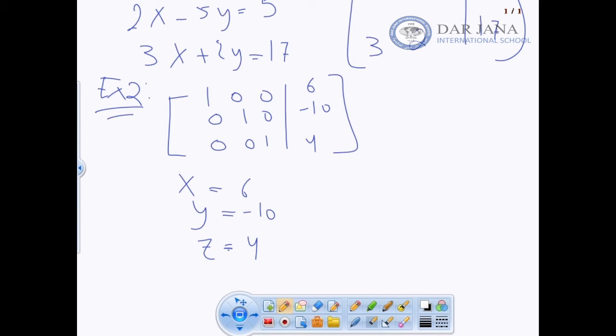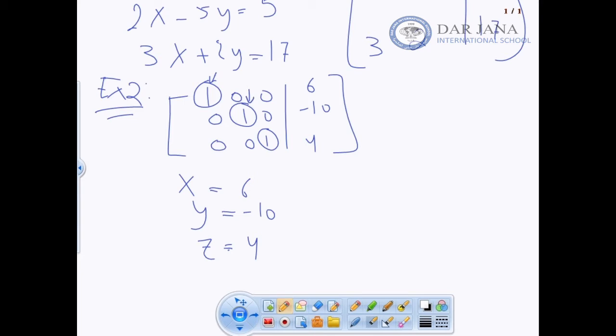What is the reduced echelon form? The leading coefficient is 1 for the first row, the second row also is 1, and the third row is 1, the leading coefficient. And look at the first leading coefficient 1, look under it, all of the numbers are zeros. And now look at the second one, the leading coefficient 1 here, the numbers above it and below it are zeros.